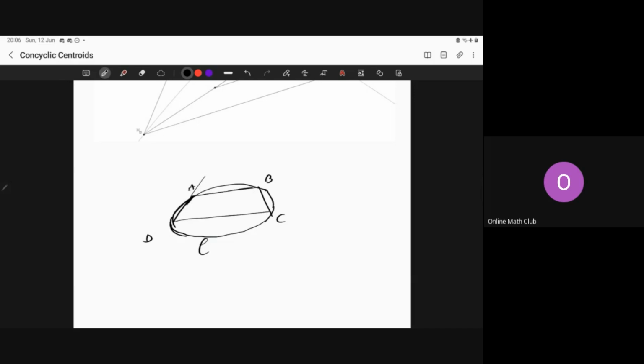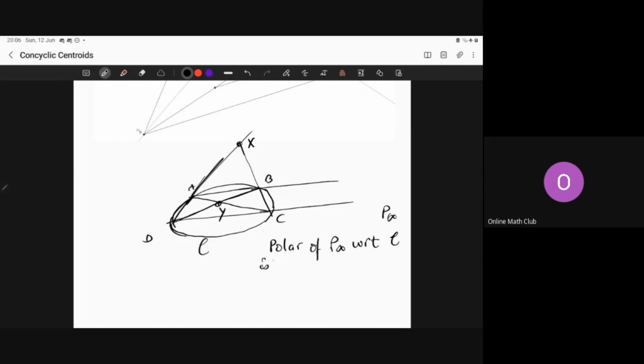From Brocard's theorem, let's say the point at infinity, let's call that P infinity, and let's call these two X and Y. The polar of P infinity with respect to C is XY, and it's a famous result with trapezoids that this line XY is the line through the midpoints of AB and CD.